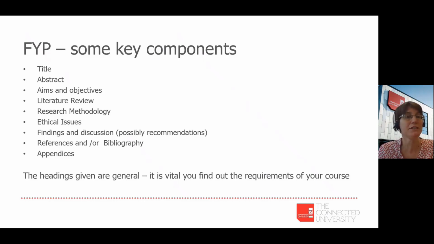You may wish to include your ethics form in the appendices, and then your findings and discussions, which may possibly also include recommendations. And then after that, you need to include your references and/or bibliography and appendices.